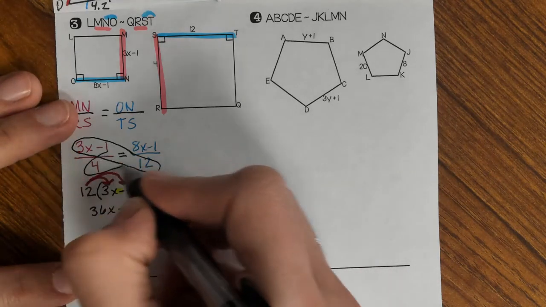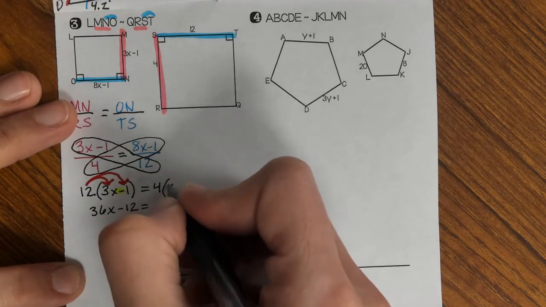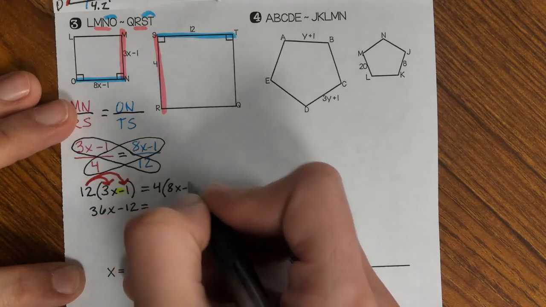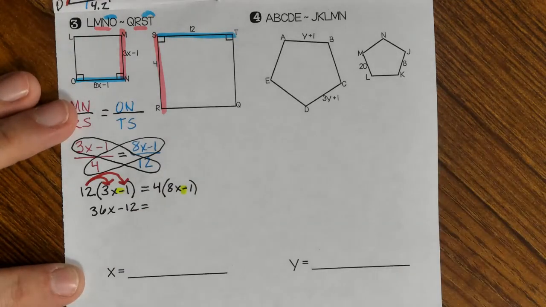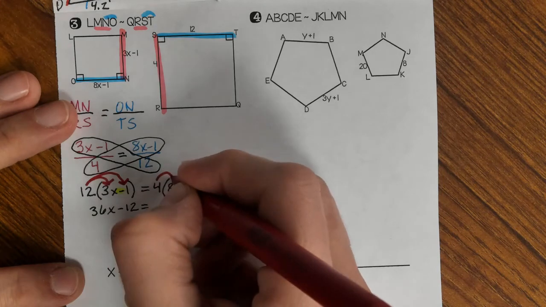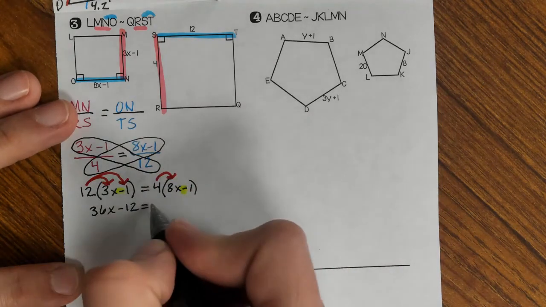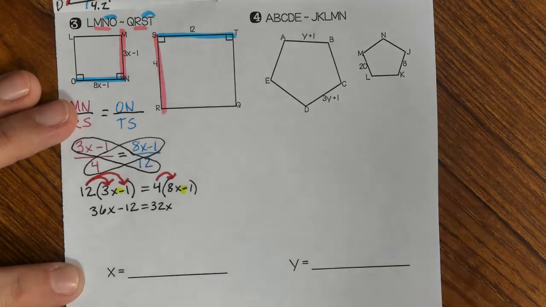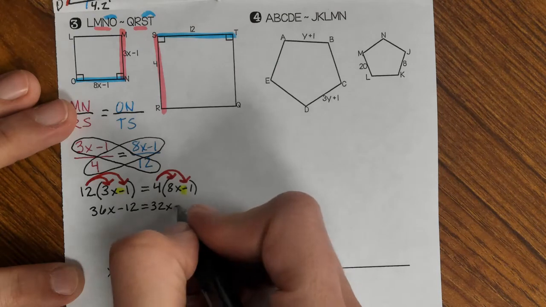When we cross multiply over here, 4 on the outside, 8x minus 1 on the inside. Distribution, 4 times 8 is going to give me 32x. 4 times that negative 1 is a minus 1.